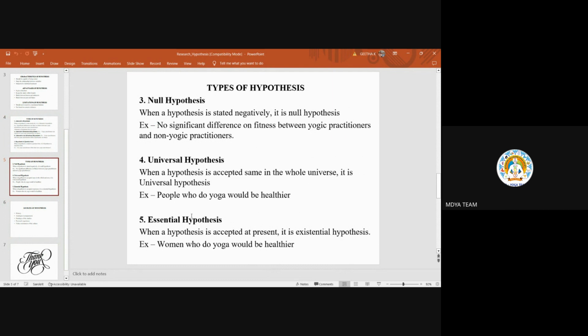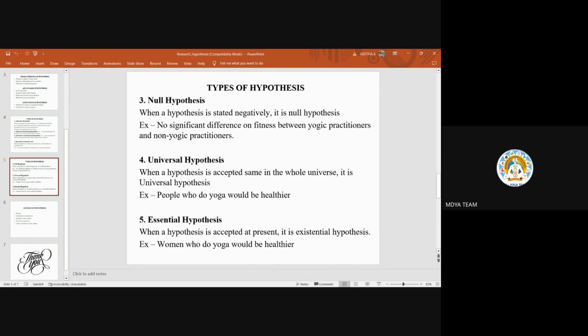And regarding the second one, this existential hypothesis, it is when a hypothesis is accepted at present. So at present, it will be accepted. Women who do yoga are healthier nowadays. Women who don't may be doing aerobics or any other type of physical exercises and will also be healthier, right? So the thing that is accepted in the present is called an existential hypothesis.